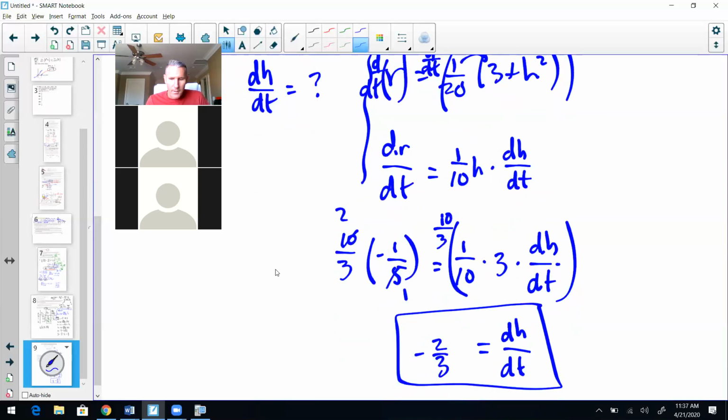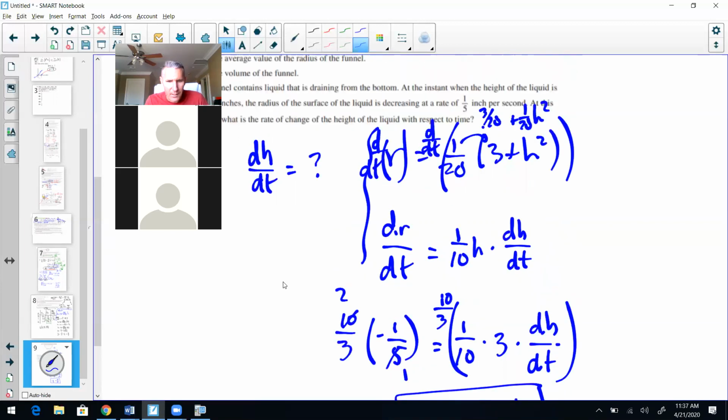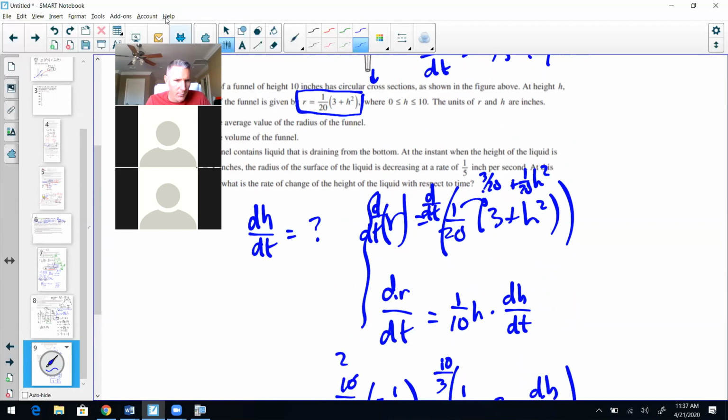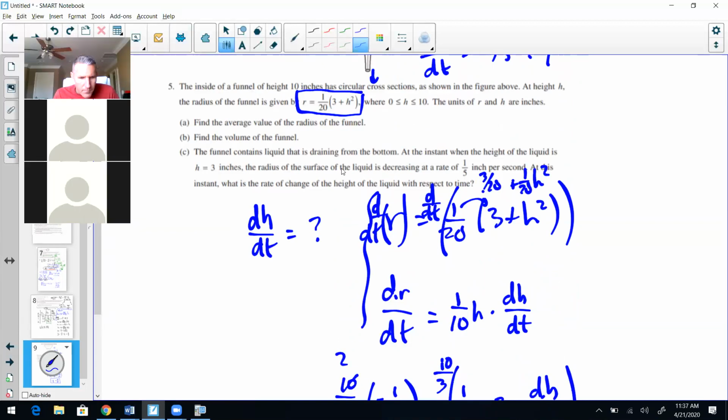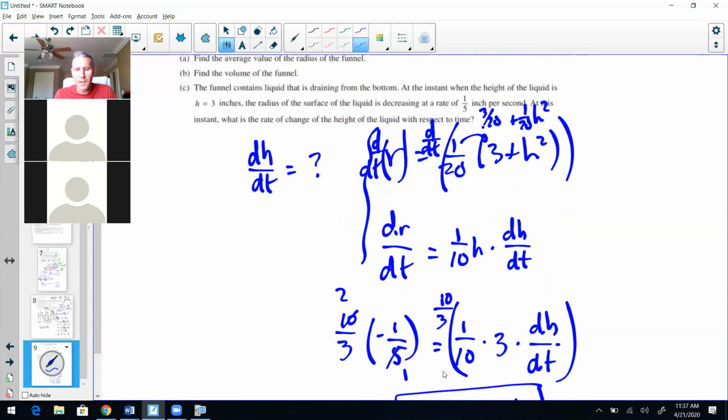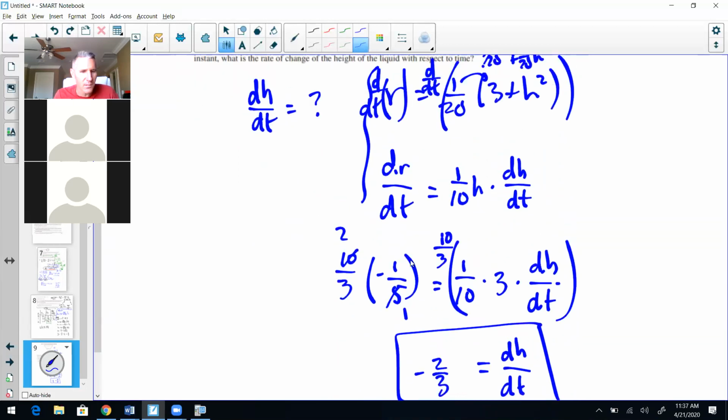So H is decreasing at negative 2/3 inches per second. Let me see what the question really was. Rate of change of the height of liquid with respect to time. Well, that's going to be negative 2/3 inches per second.